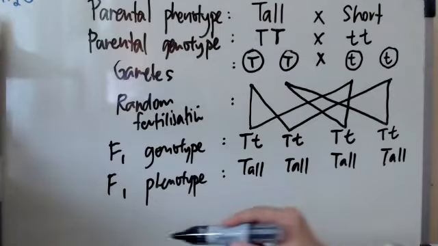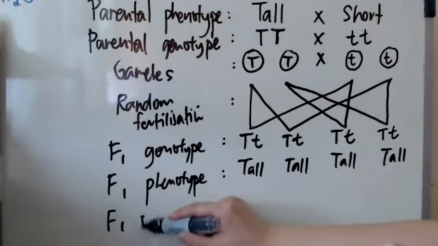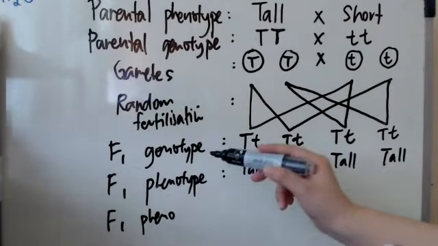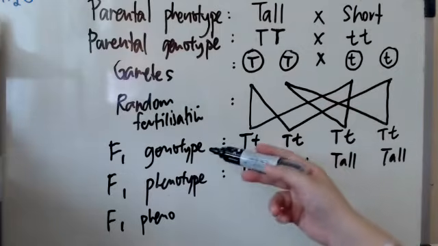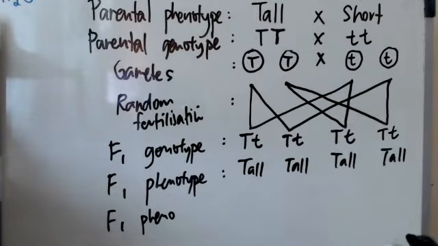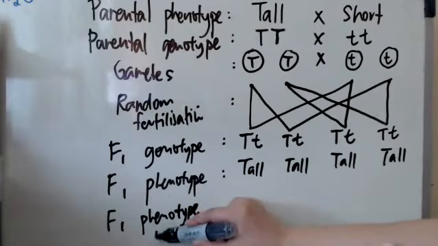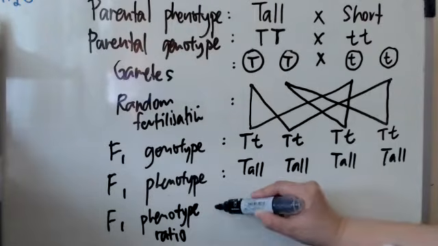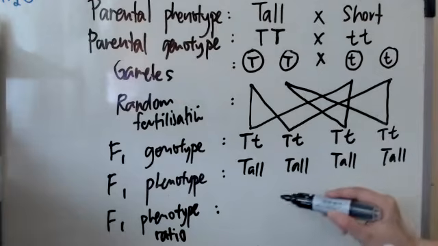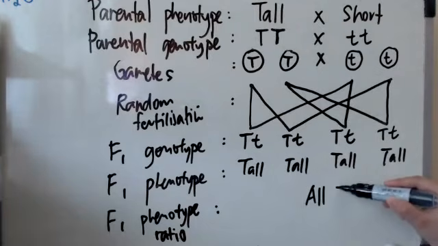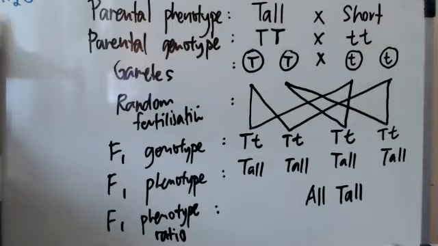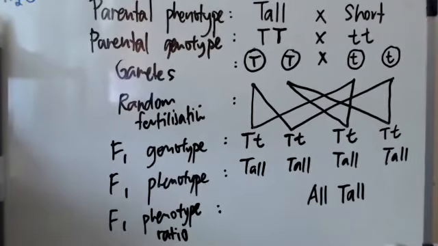So for the F1 phenotype ratio, you don't really need to write down the genotype ratio because the genotype ratio is not something we can observe. But phenotype is something we can observe very easily. So we can use the ratio to help us identify the genotypes. So in this case, they are all tall. Okay? So basically, this is how you draw a genetic diagram.